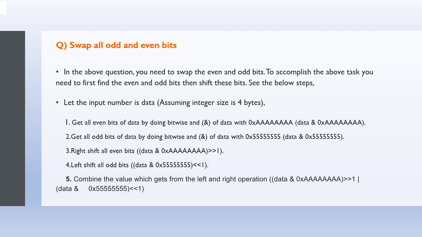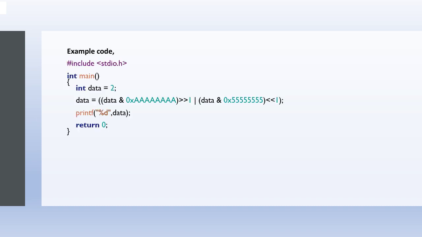Combine the values obtained from the left and right operations by ORing those two expressions, right? So the simple way and an example code is something like this. I have data equal to 2 and I use this expression, printf data. This is how we do it. Okay, I hope you understood this. Let's move on to the next question.